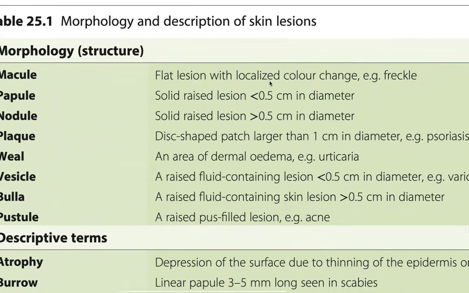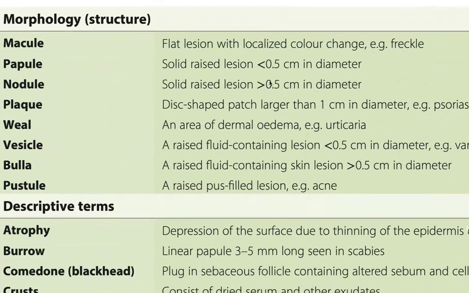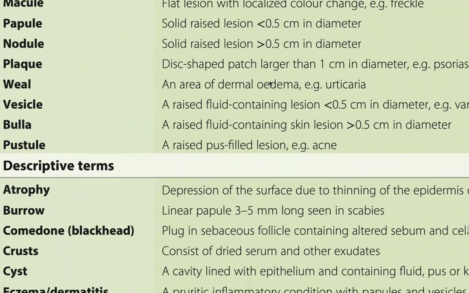Bulla: a raised fluid-containing skin lesion more than 0.5 centimeter. Pustule: a raised pus-containing lesion, as in acne. Atrophy: depression on the surface due to thinning of epidermis or dermis. Burrow: linear papule 3 to 5 mm long, seen in scabies. Comedone: blackhead, a plug in a sebaceous follicle containing altered sebum and cellular material.